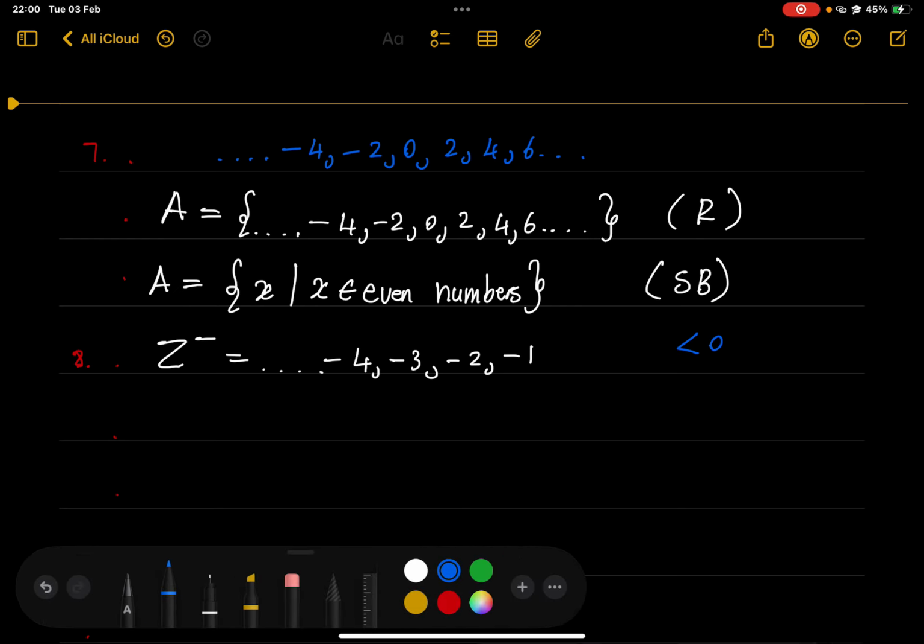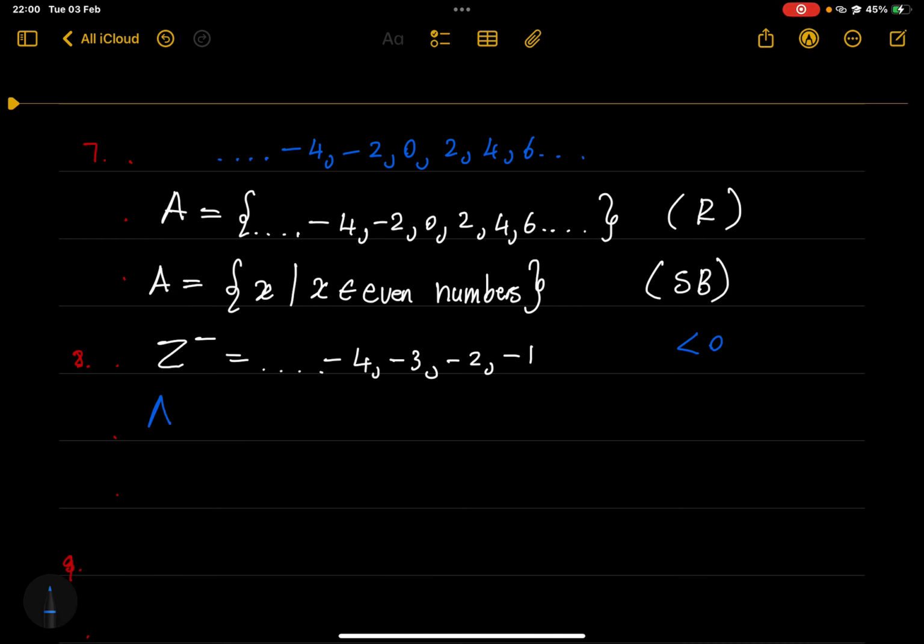So let's try and list those elements using roster. When we're listing them using roster, we put ellipses because we don't know what the first number is. So we put -4, -3, -2, -1. Those are the set of negative integers.